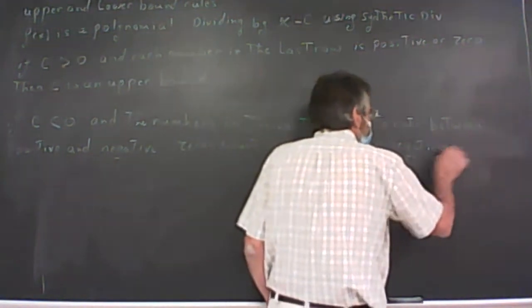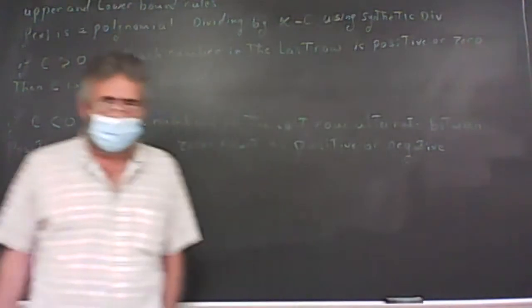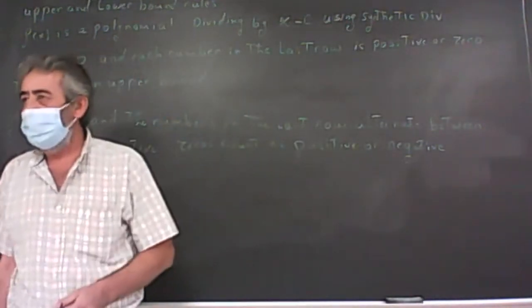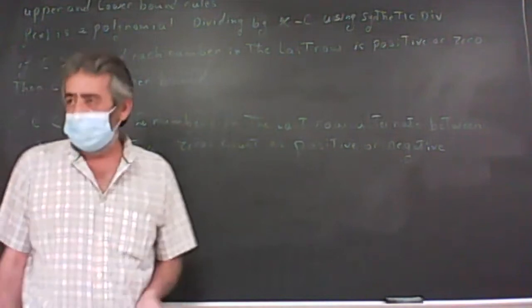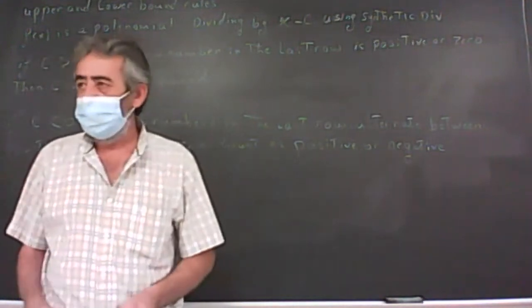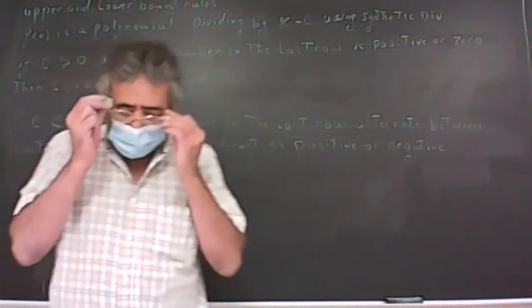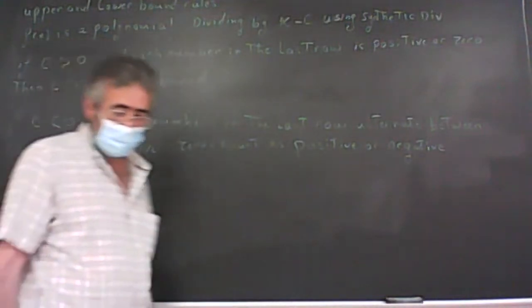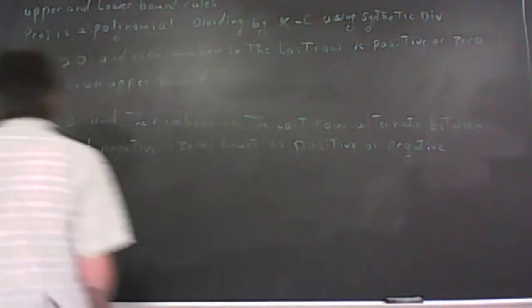Really, zeros count as needed. If I need this term to be positive, then I can count it positive. If I need it to be negative, I can count it negative. Okay? Then c is a lower bound.